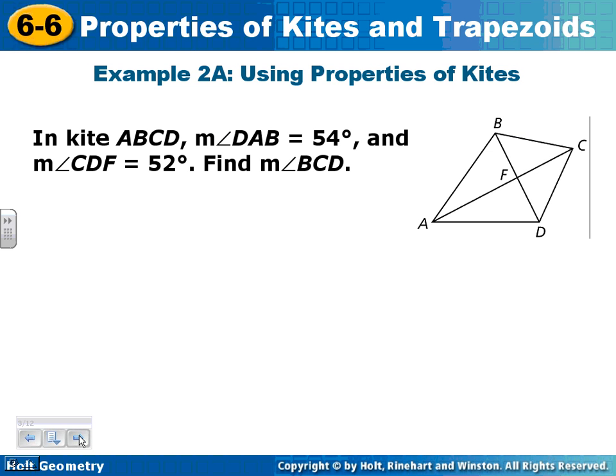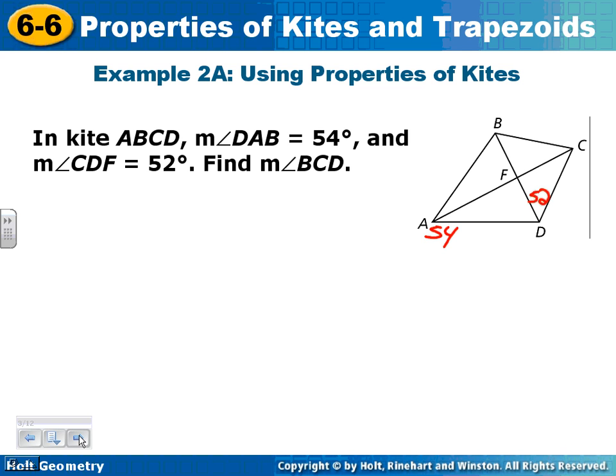With that said, look at this example. In kite ABCD, the measure of angle DAB is 54. Let's write that in there. DAB is 54. That's that angle right there. And CDF is 52. CDF, so that little small one in there is 52.